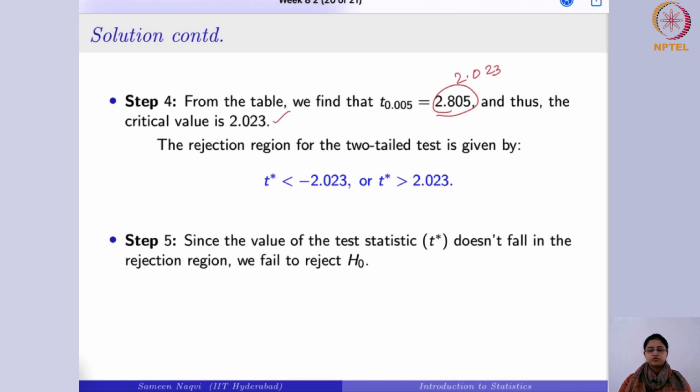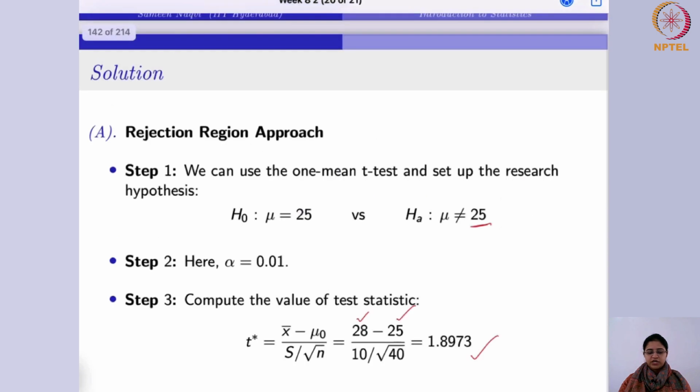The rejection region would be T star on either side, either this portion or this portion. So this is minus 2.023 and this is 2.023. If the test statistic falls in this region or this side, you would reject the null hypothesis. And the value that you found here is 1.8973.